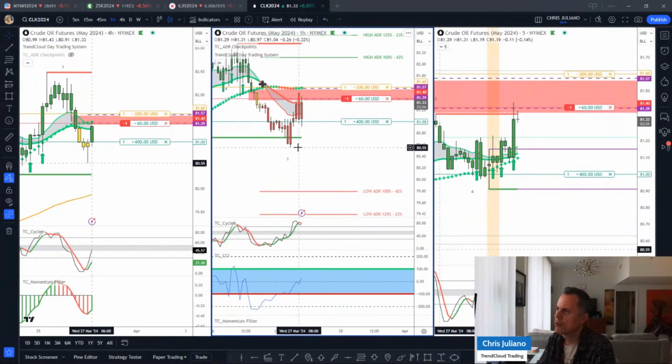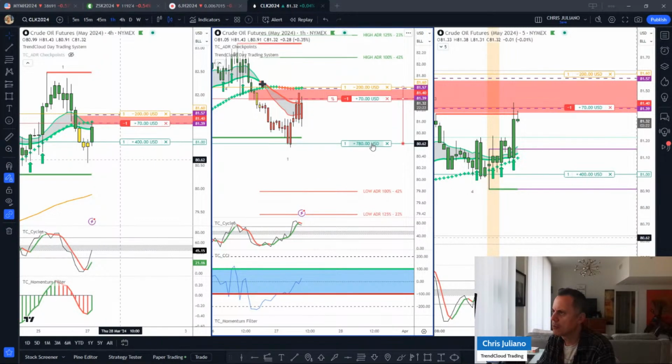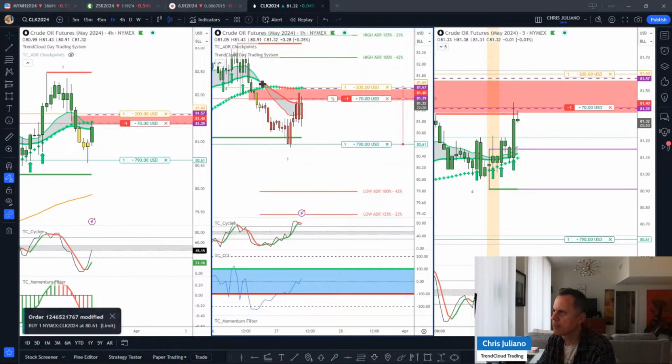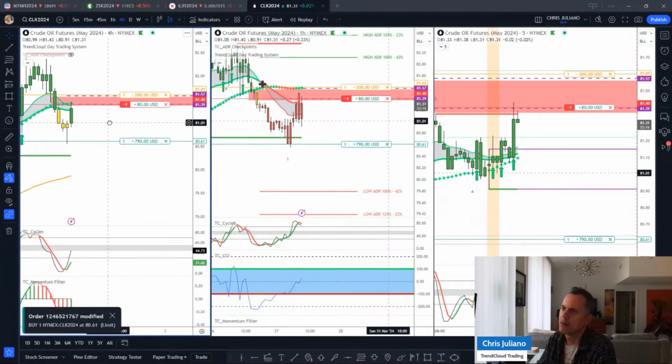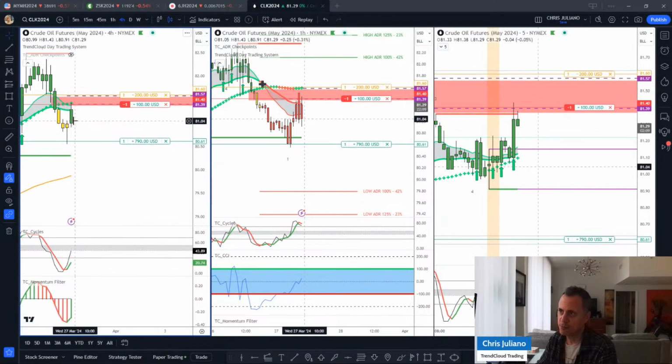We're heading for structure right here. And that would make sense, right? Now we've turned green. The candle has turned back to green on the 4 hour chart. We don't like that.